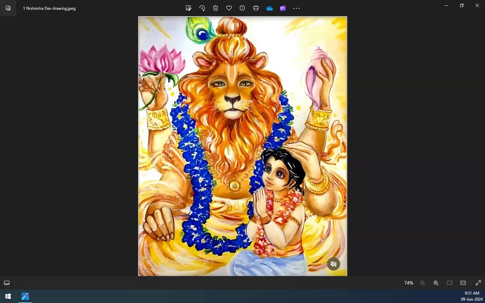So on your chart for verses 52, 53, second column, created from, is parts of own body. Third column, created beings, is great sages.